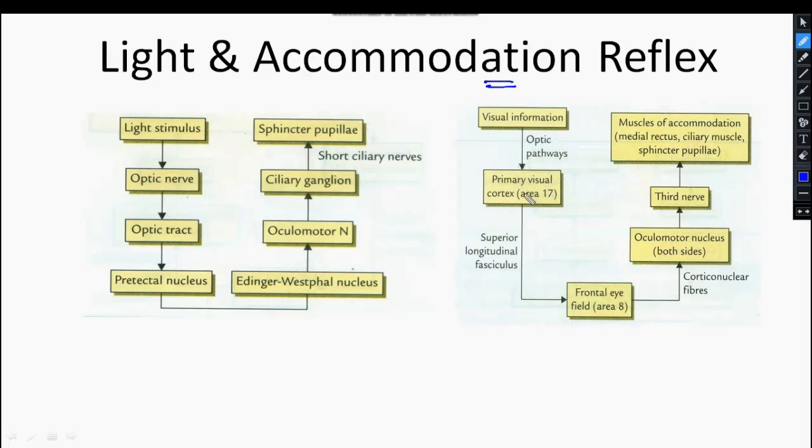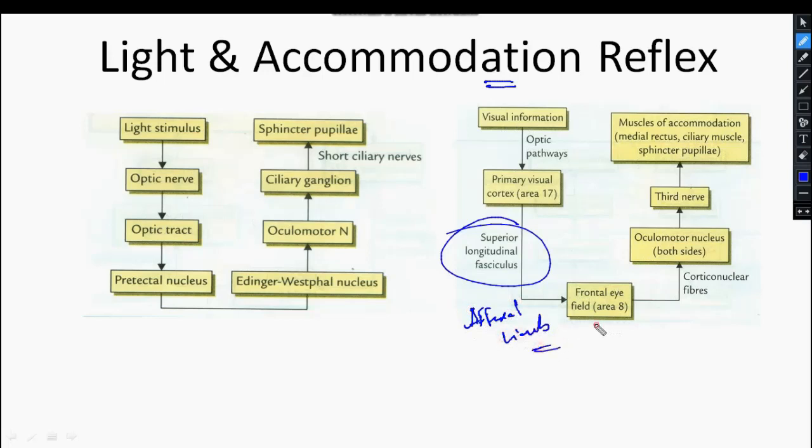From this primary visual cortex area, the information reaches the frontal eye field through the superior longitudinal fasciculus. So from here to here, we see the afferent limb.